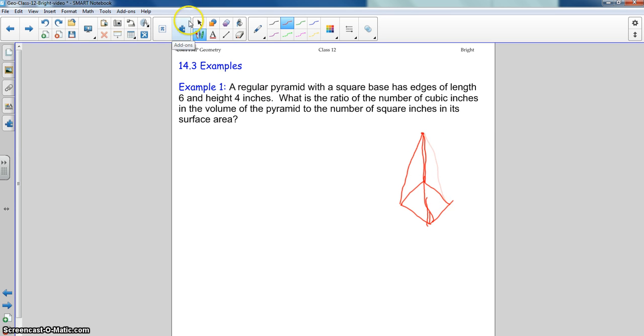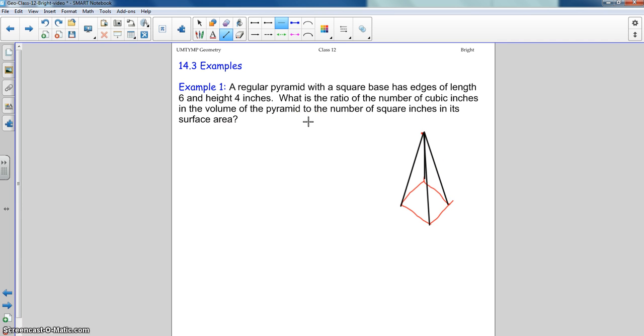Let's try that again. I'm just going to use my tool. So I connect my apex to this point, apex to this point, apex to this point, and down here as well.